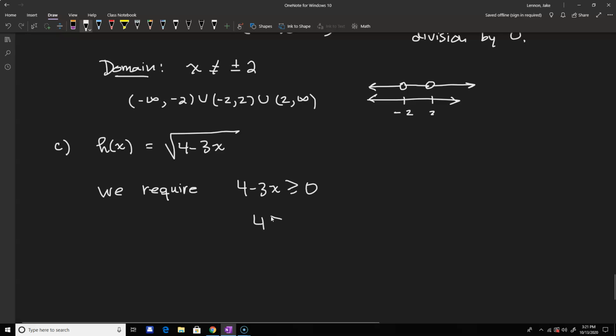So this is the same as 4 greater than or equal to 3x. Divide by 3 on both sides and we get 4/3 is greater than or equal to x. So that's our domain here. And in interval notation that would correspond to, so x is all the numbers smaller than this, so we're going from negative infinity up to 4/3, and 4/3 itself is okay, so that gets a square bracket.